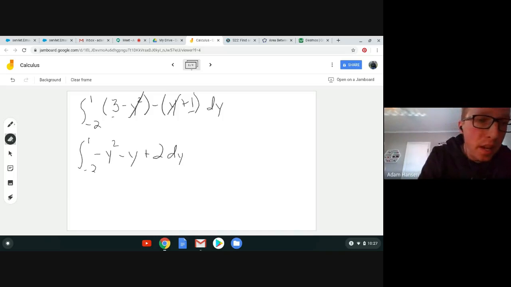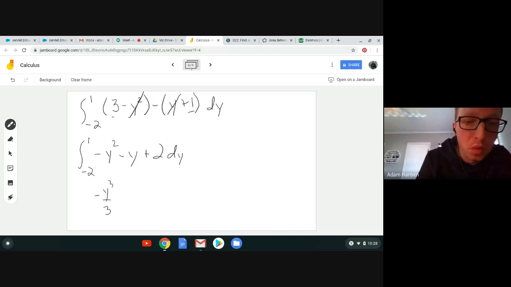Now let's find the antiderivative. Let's see, -y squared would be -y cubed divided by 3, or -1/3 y cubed, minus y squared over 2, plus 2y.